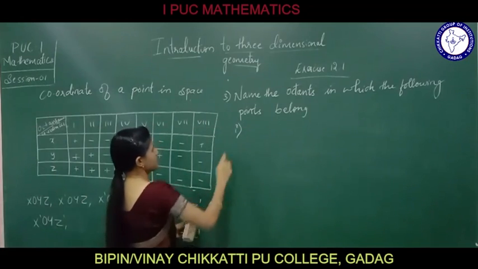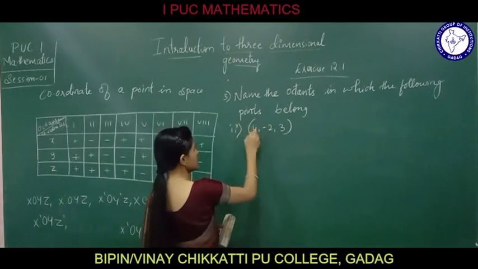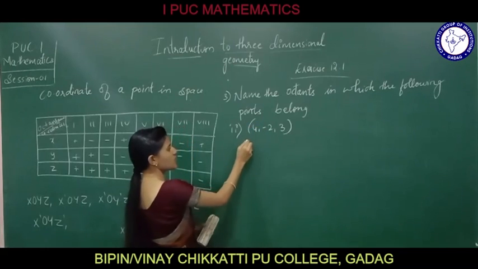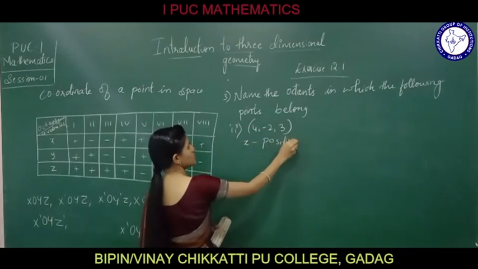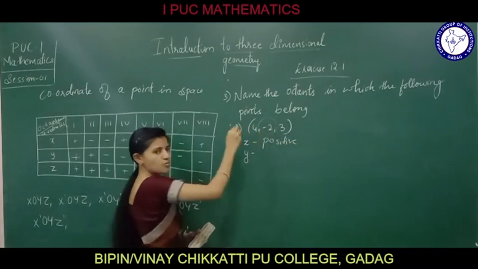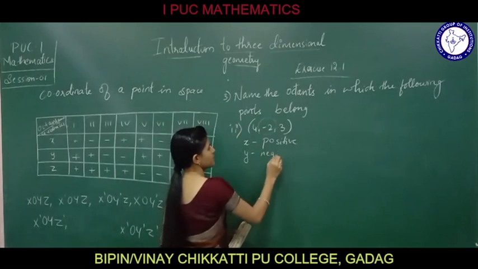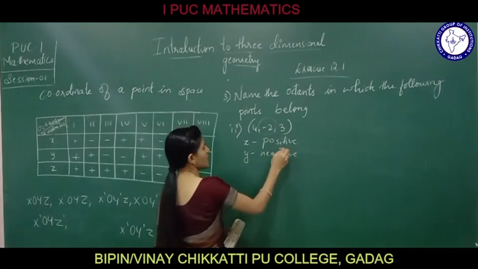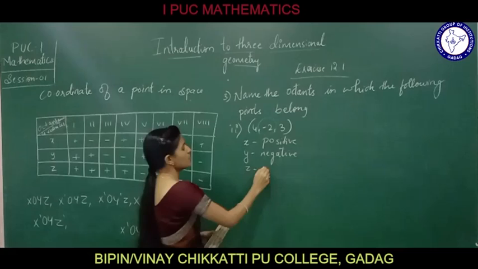It is 4, minus 2, 3. Look over the points. What about x? X is positive. What about y? Y is minus 2, in the sense y is negative. And what about z? Z is equal to 3, which is positive.